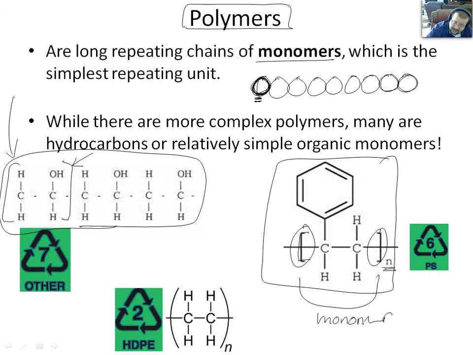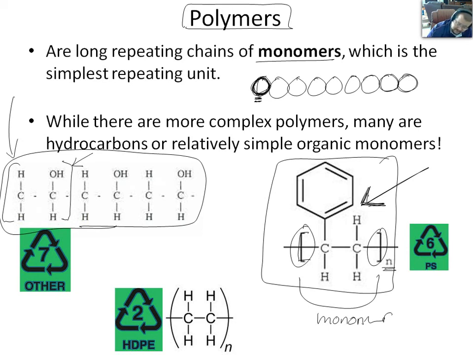N could be 10. That would mean we'd have 10 monomers. It could be 1,000. That would mean we have 1,000 monomers all in a chain making up our polymer. But this is the simplest repeating unit, and it's polystyrene. This is the foam that you would tend to see in coolers. It's the foam that you used to see in packing peanuts.